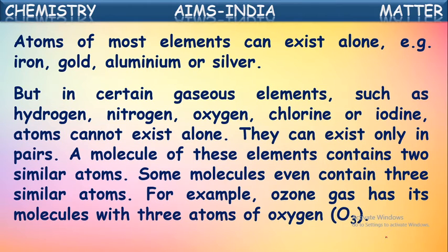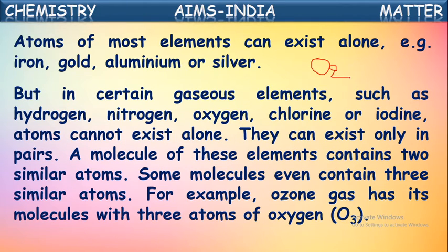For example, if we take oxygen, we know the molecular formula of oxygen is O2. It means the molecule of oxygen contains two atoms of oxygen combined. Similarly, nitrogen gas. In nitrogen gas also, each molecule contains two atoms of nitrogen.